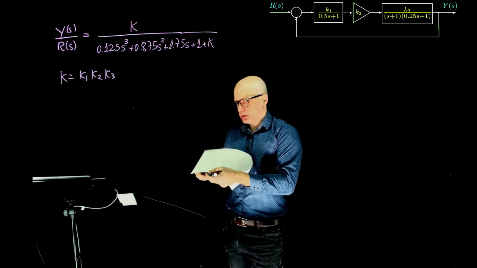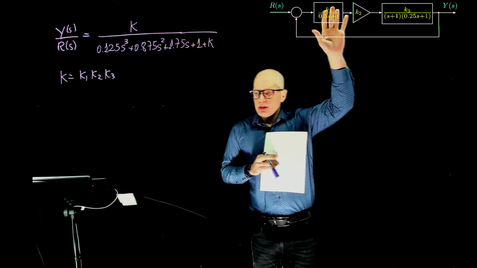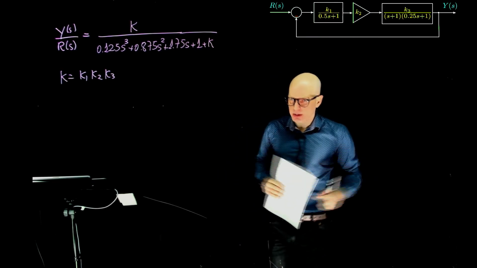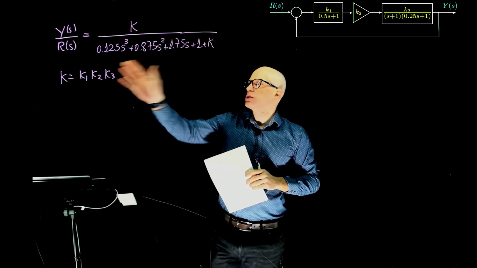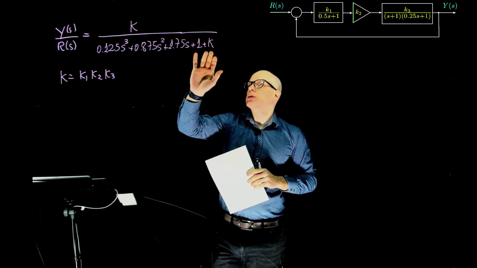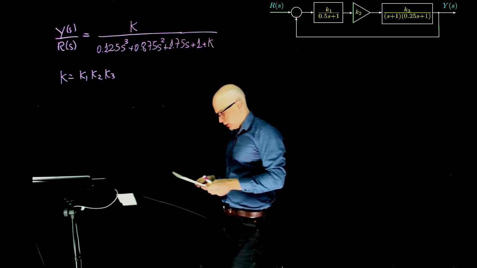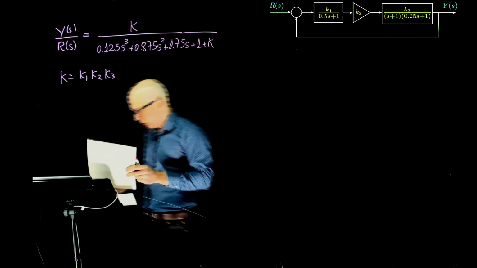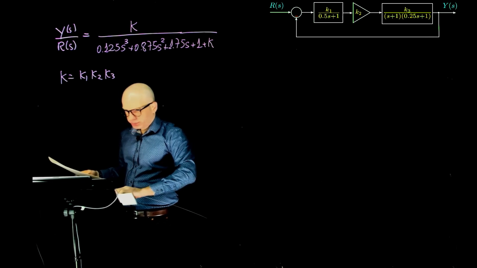Okay, this will save us some time. Do the same process, this multiplied divided by 1 plus that multiplication, then multiply everything out, factor out same coefficients for s to the 3, 2, 1, and 0. And this is what we get. So we'll skip this so we can focus on the rest.